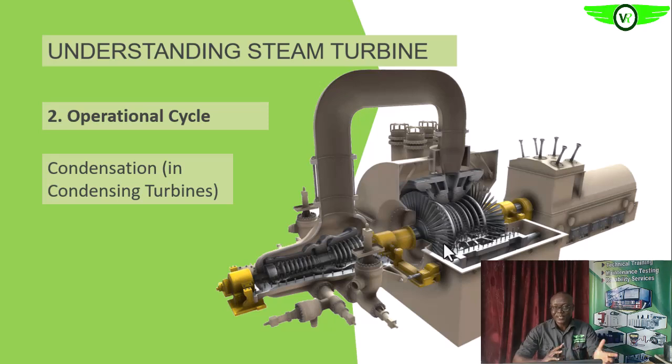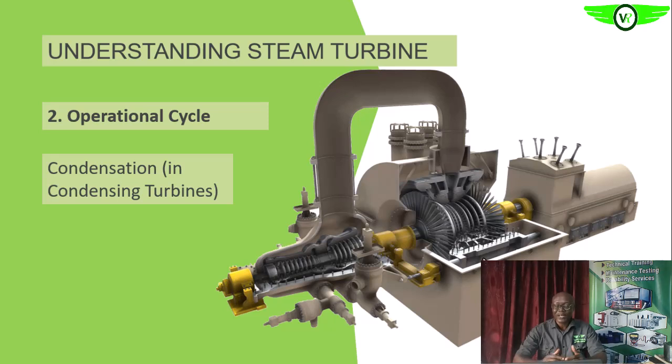And remember that the flow would have reduced because the energy has reduced. So to help increase the efficiency of the turbine, vacuum will be created in the exhaust system.